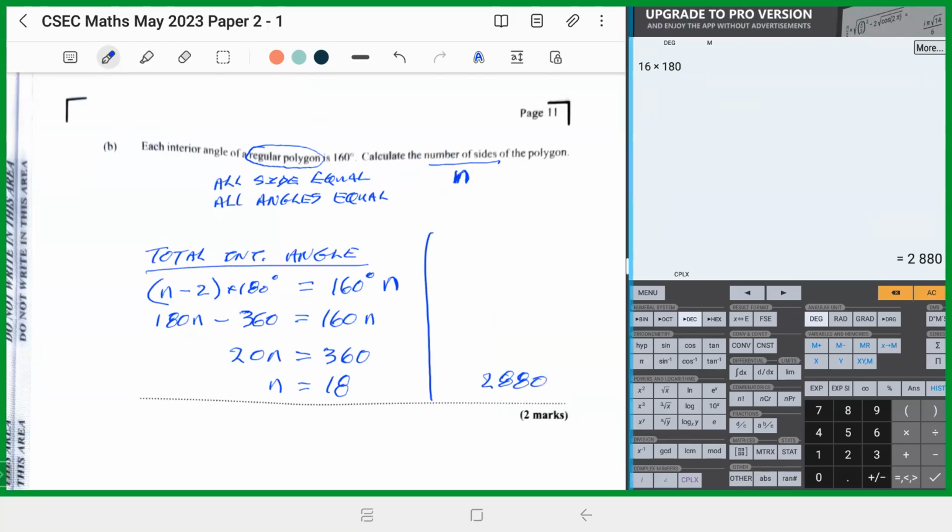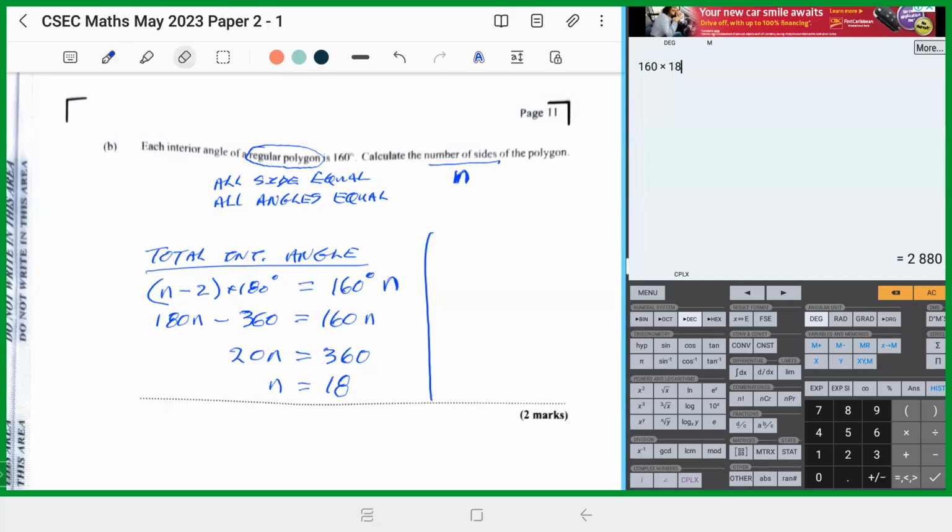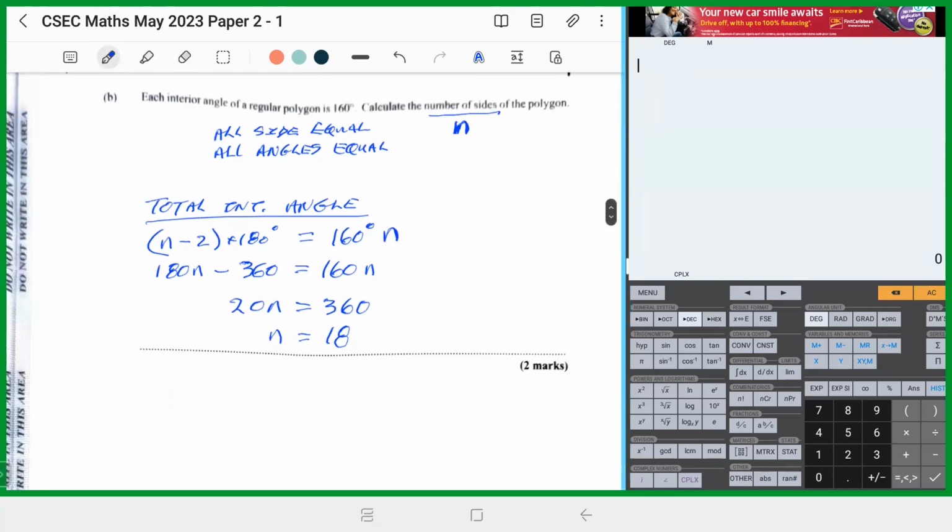And it's supposed to be still 160 times 18. So it is correct. The polygon has 18 sides. That is the answer. All right, let's continue.